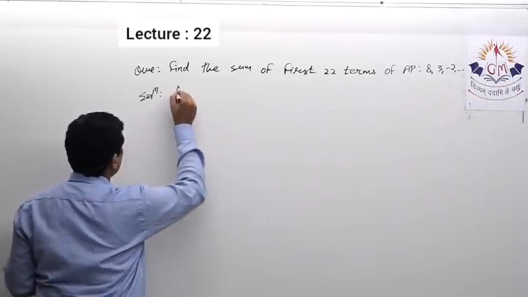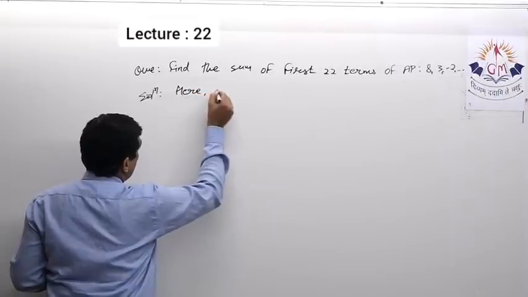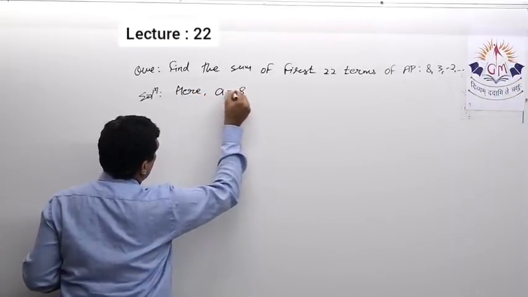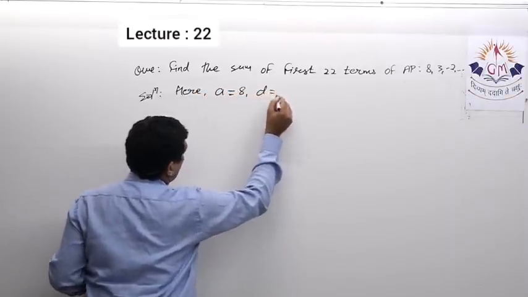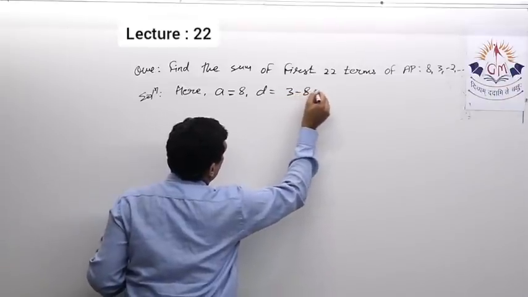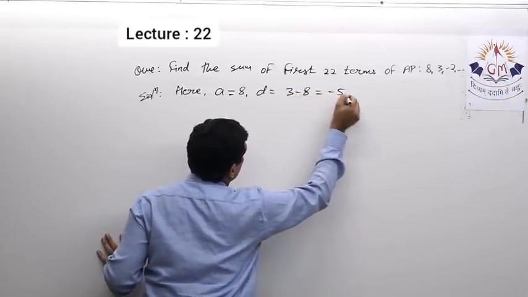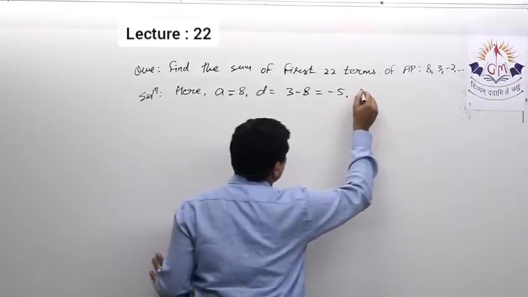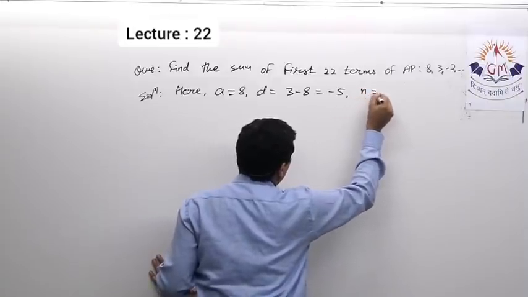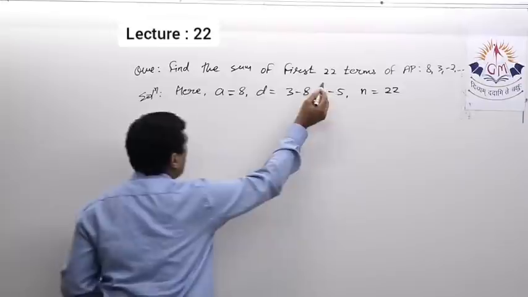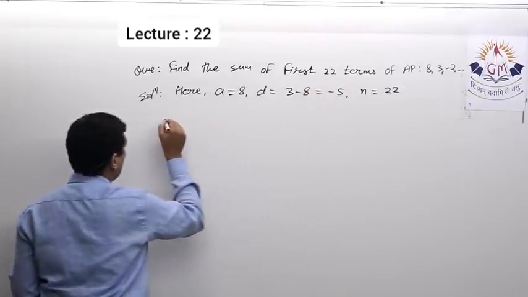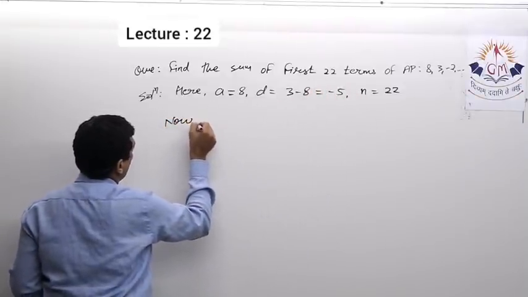So here a is equal to 8, d is equal to 3 minus 8, that is minus 5, n is equal to 22 because we have to find the sum of 22 terms. Now we'll apply the formula.